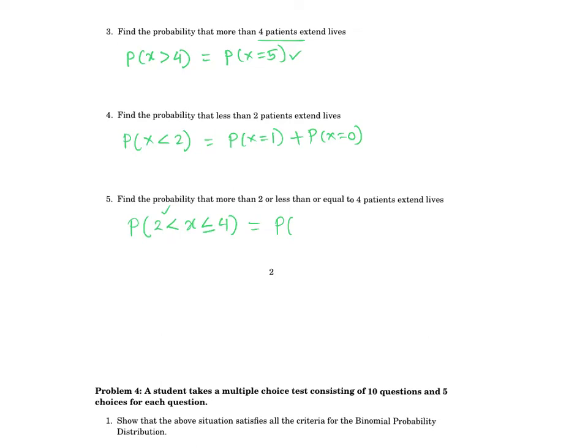So it's going to be the probability of x is equal to 3 plus the probability of x is equal to 4. And you just find these probabilities the way I showed you in part 2 and add the results. That should be your answer for this part.